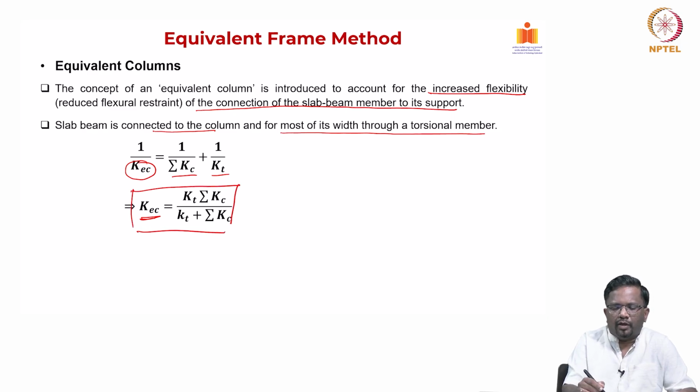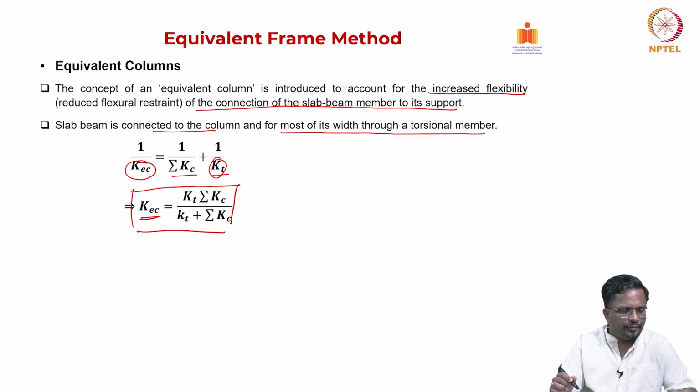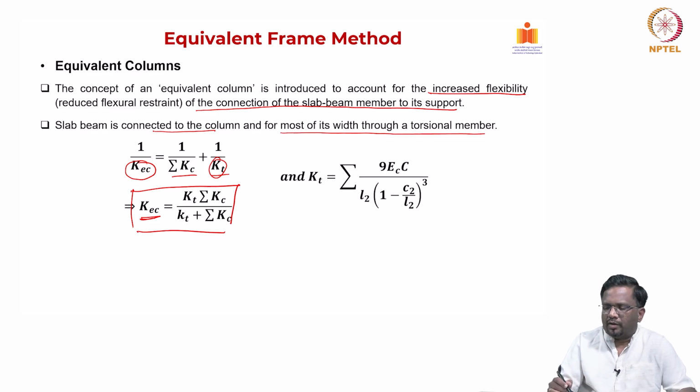Finding the stiffness of the column member is quite easy, because typically they are prismatic members, and the torsion stiffness of the member has to be included, right. So, let us look at it now. The torsion stiffness is calculated using this formula, which is 9E into C into L2 into (1 minus C2 by L2) the whole cube.